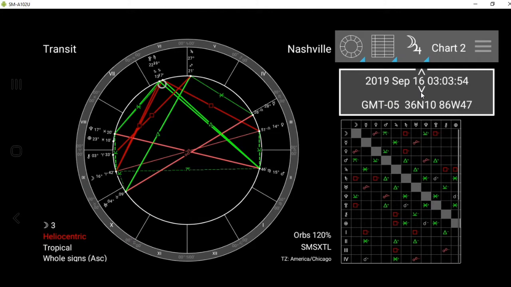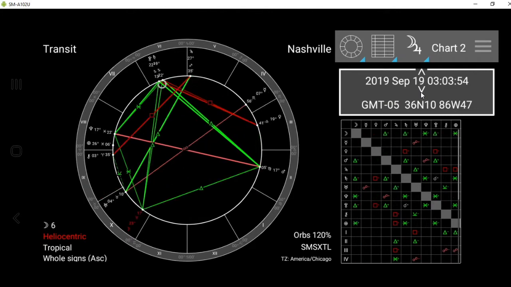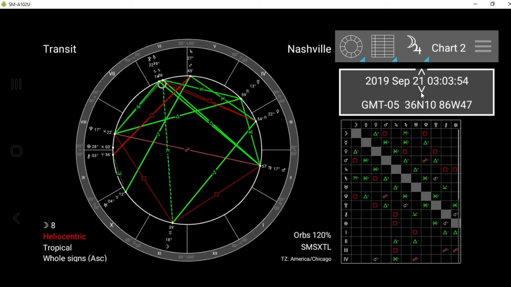Okay, so Venus was moving to the square, which went exact there. And then it looks like after it hit, it fell off. So on the 21st, what's Mercury doing?